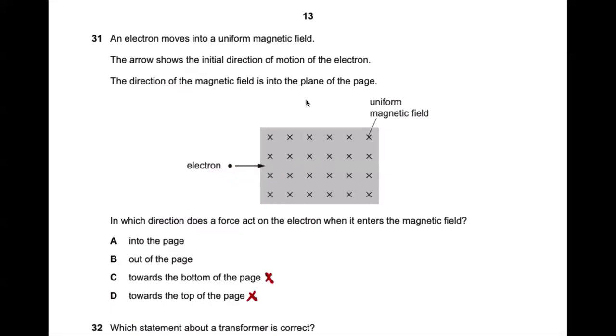Now we figure this out: because this is a negative charge flowing into this field, the direction of conventional current I would take to the left, because that's how we define conventional current, as the flow of positive charge. Now when I use my left hand rule, my middle second finger must be pointing towards the left, and the uniform magnetic field is into the page, so that must be inwards.